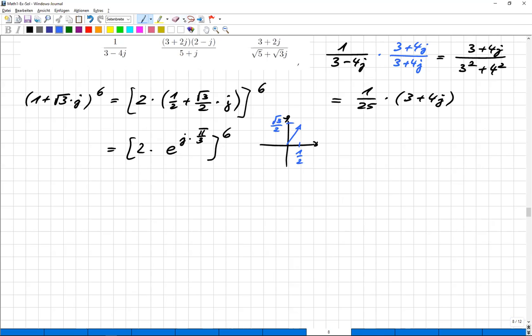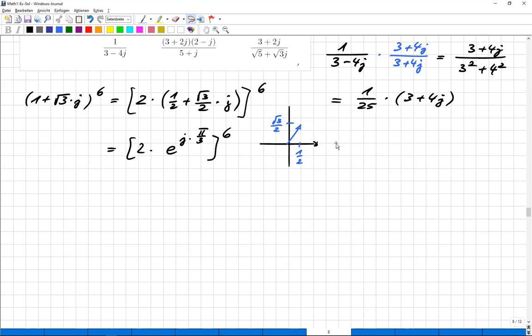It's just a very, very rough sketch that I'm making here, just to show you how you can roughly obtain a graphical solution and then do the calculation more exactly. The calculation is good for exact results. The graphical solution is good to get an orientation of what you have.